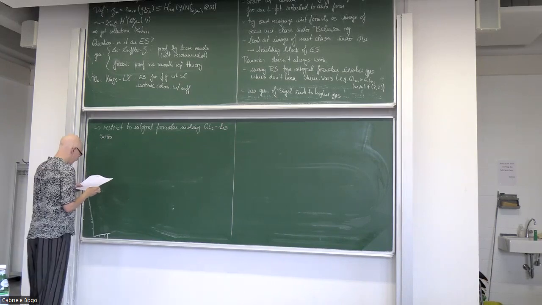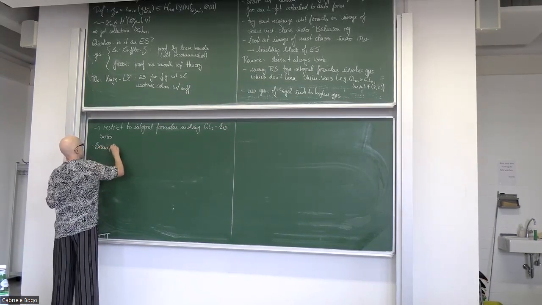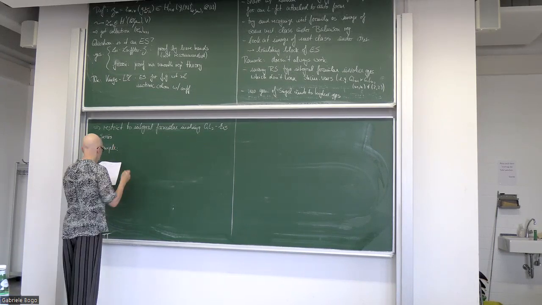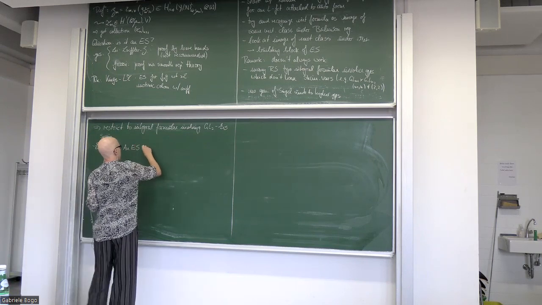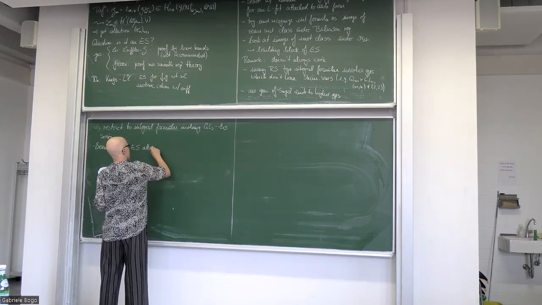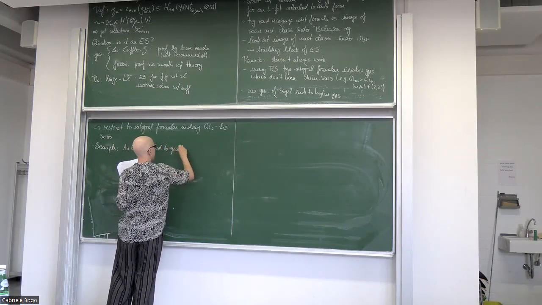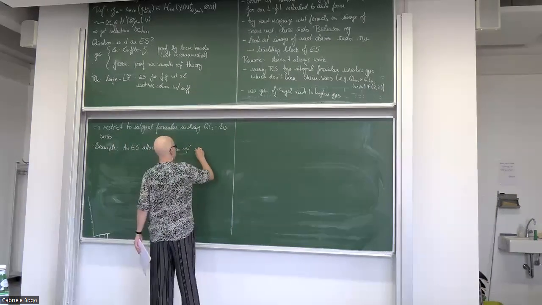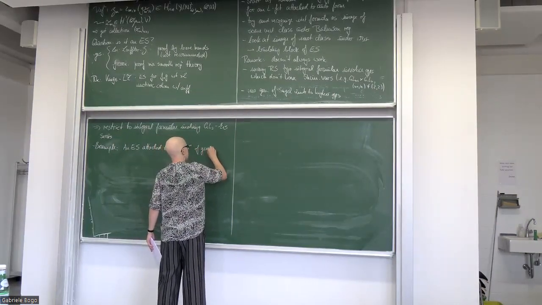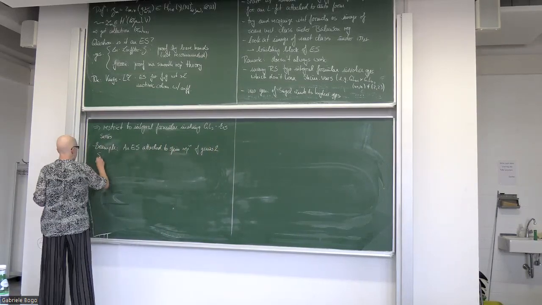Okay, so here's an example, which is an Euler system attached to the spin representation of genus 2 Siegel modular forms.